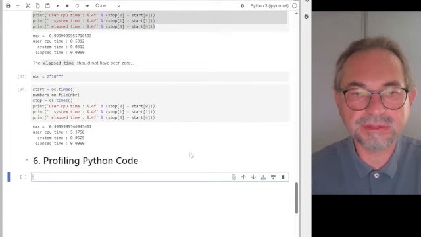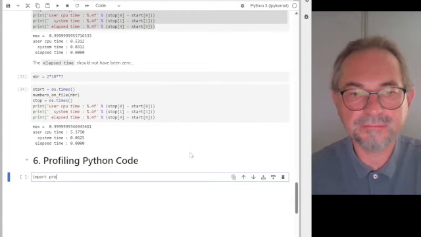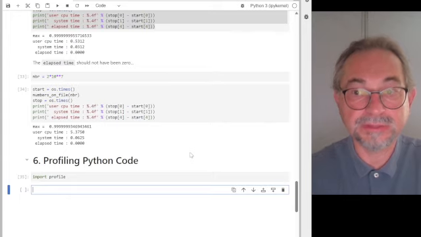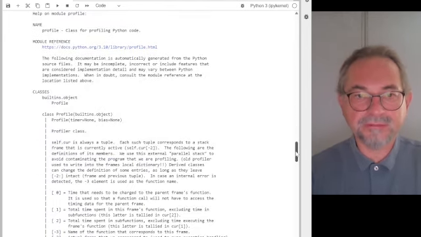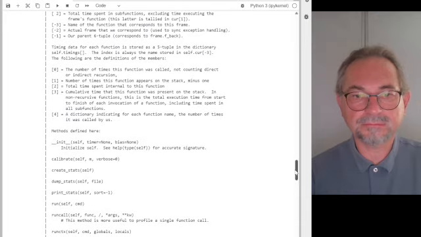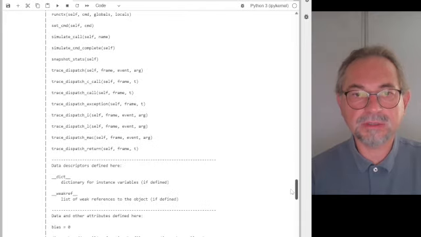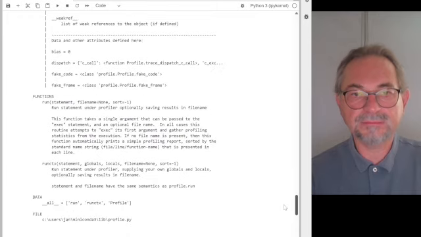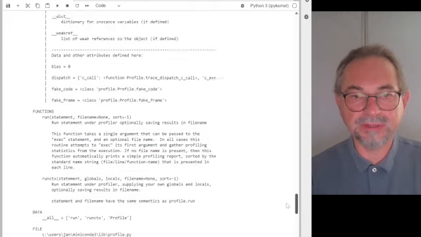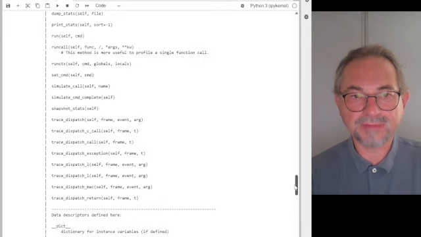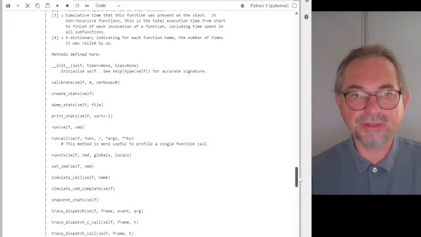And I was thinking that there is a profiler. So there is indeed a profiler. It's a class for profiling Python code. So you can run a statement, and it's actually part of the library, or you can run also a call.